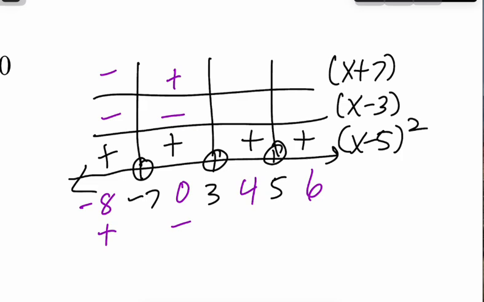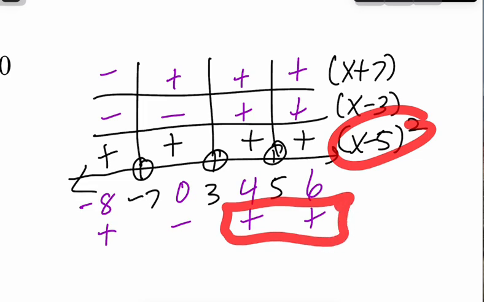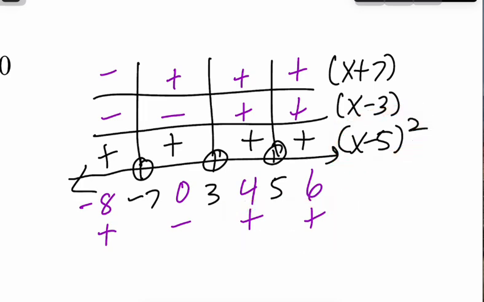If you plug in 4 to all of those, you get a positive and a positive and a positive, which is a positive. And if you plug in 6 to all of those, you get a positive and a positive, which is a positive. See how around the 0 that came from this, it didn't switch? Think about the fact a parabola has a bounce. It kind of bounces back and stays where it was. And that's why that happens there.